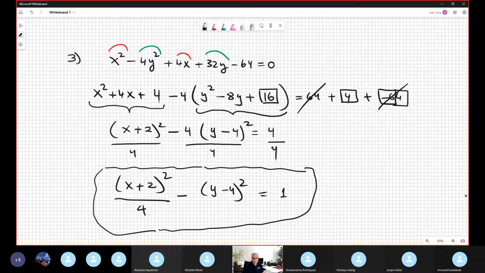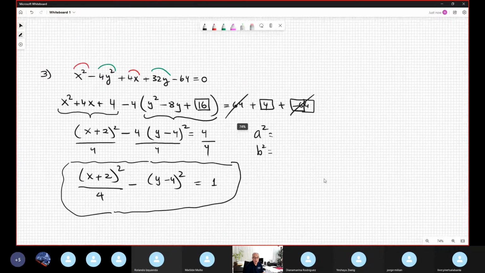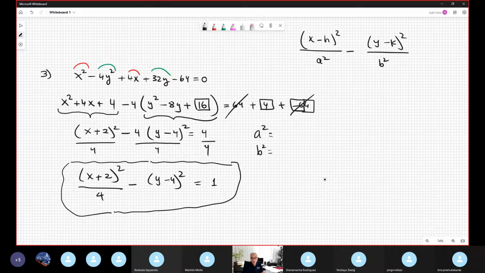And what about a squared and b squared? Who is a squared, who is b squared in this exam? Let's compare the equation that we found with the equation I have in my mind: (x minus h) squared divided by a squared minus (y minus k) squared divided by b squared equals 1.